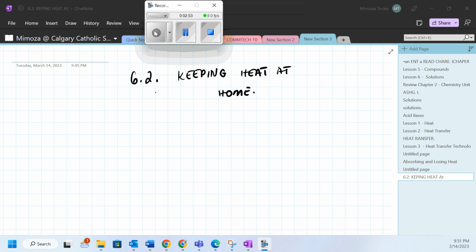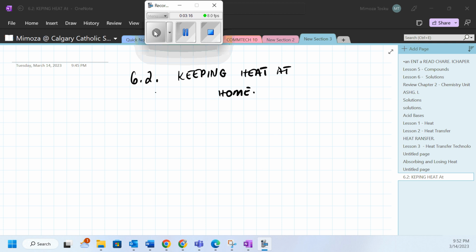So what we have to keep in mind is that the ways the heat escapes from our home are through windows, doors, chimney, roof, and walls. Those are the main areas where heat is lost.